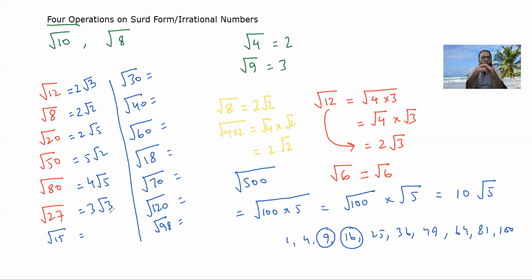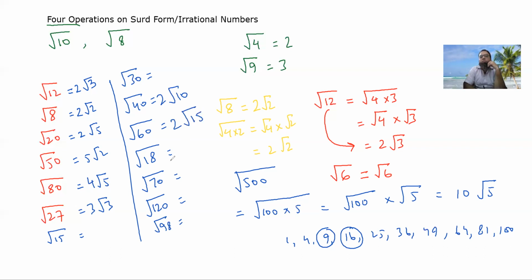Yes, sir. That is 4 tens are 40, so this is going to be 2 under root 10. And under root 60? 4 times 15 is 60, so this is 2 under root 15.